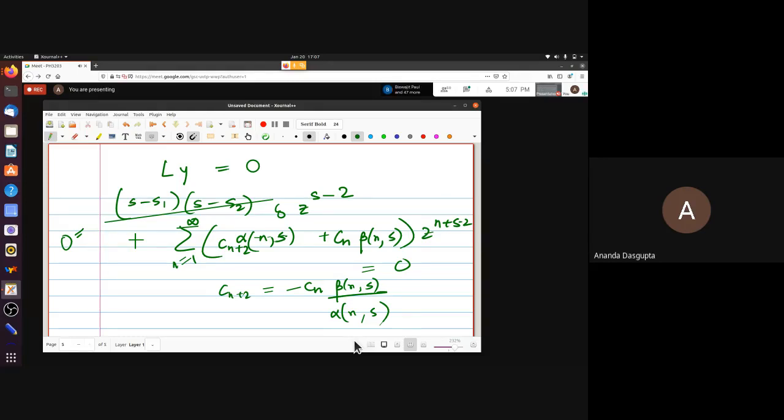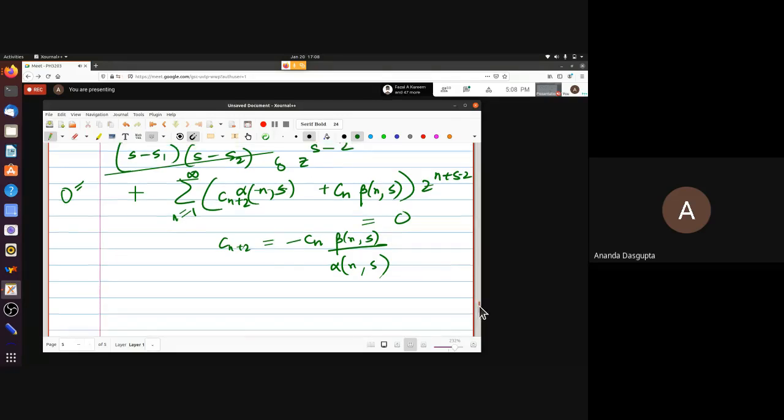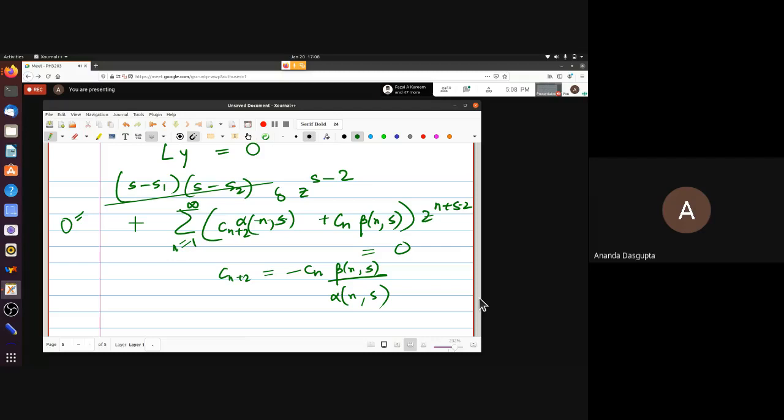I'm just describing how you solve the problem in a standard approach. Of course, in the standard approach, this will already give you s is either s1 or s2. So instead of s, you will put in s1 or s2, and then you go ahead. Okay? That's a standard thing. But suppose, let's just suppose, I did not put in s equal to s1 or s2, but I just did use this recursion relation.